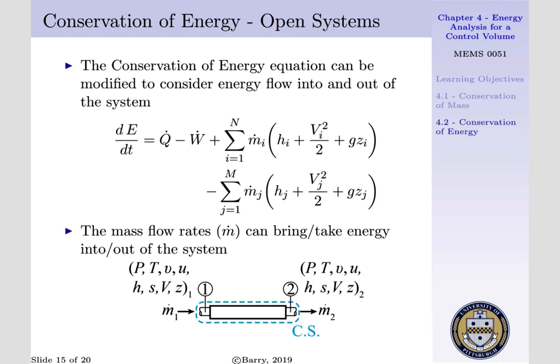At state 2, our fluid is going to have the same properties. Thus, m dot 1 is able to bring energy into our system in a form that includes our enthalpy, our kinetic, and our potential energy contributions. And our fluid can also take energy out in the form of enthalpy, kinetic energy, and potential energy.